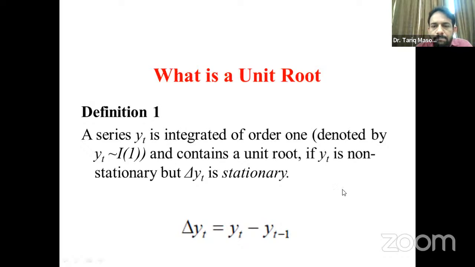This is the case of integrated of order 1, because after differencing one time you get a stationary series. This is the method by which we make any series stationary. We can take differences. Suppose we get a stationary series after taking the first difference, delta yt equal to yt minus yt minus 1. Then the original series was integrated of order 1.